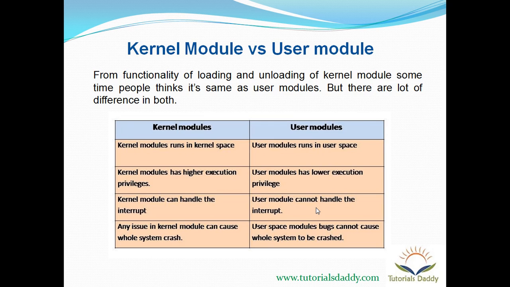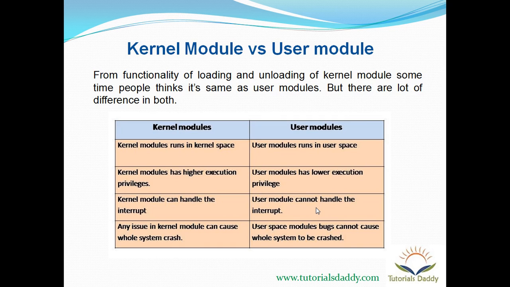The benefit of a user module is that whenever there is some serious issue in user space, our kernel or system cannot crash because of that. But as a kernel module runs in kernel space or privileged space, if any serious bug occurs in the kernel module, it can cause a whole system crash.